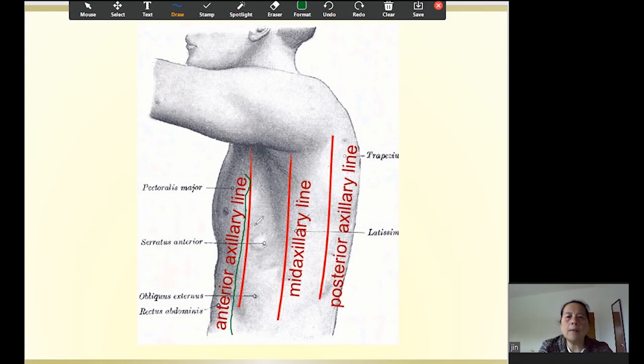But from the side, we find the posterior part of the axilla, and we make a posterior axillary line. And in the center, we make a middle axillary line. So those are the axillary lines for the side.